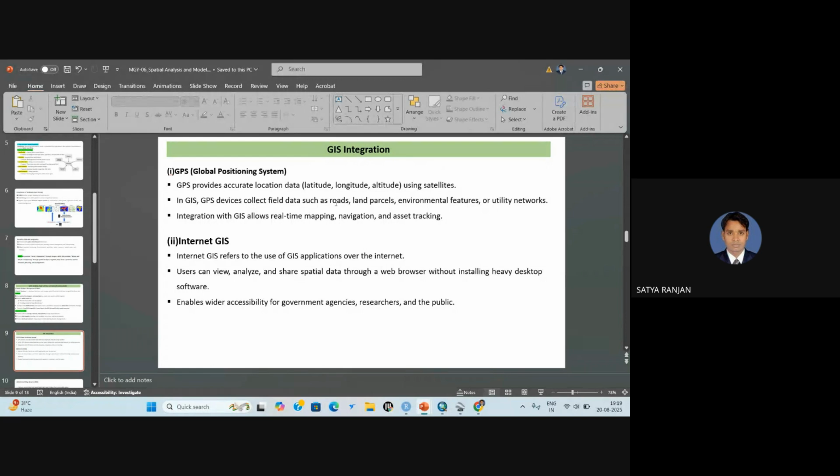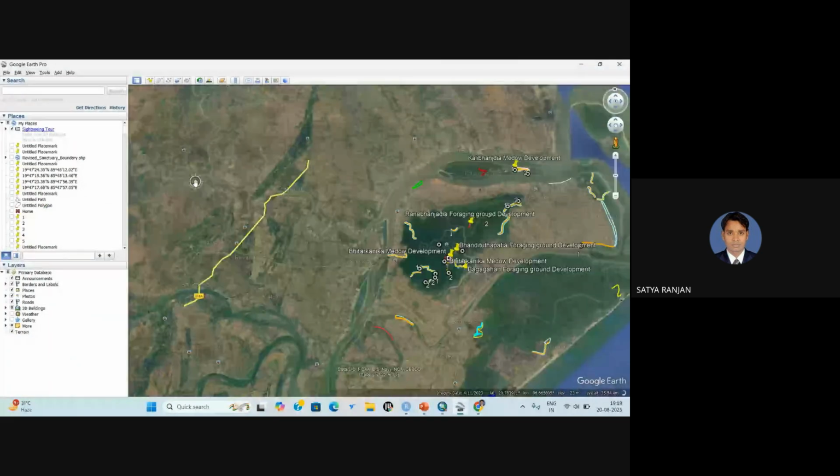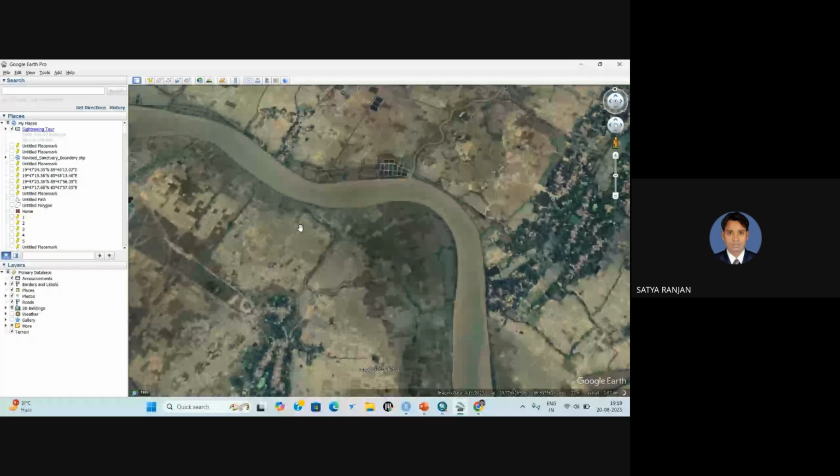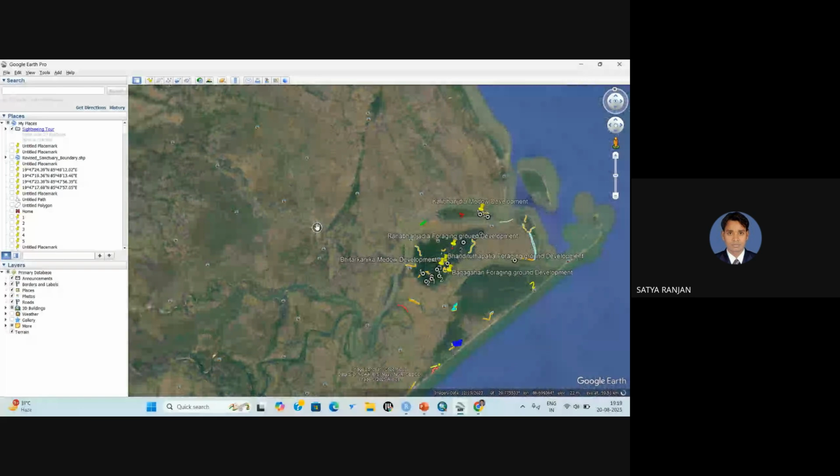So nowadays, just like Google Earth, you can explore all areas of the world within a second. This is a very high resolution satellite image, I think 15 centimeter resolution. All this satellite imagery we can visualize all over the world very easily in any system.